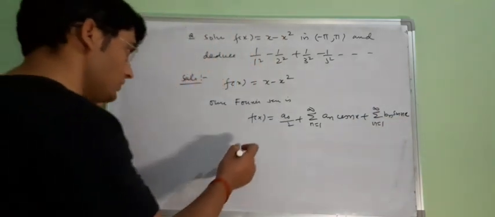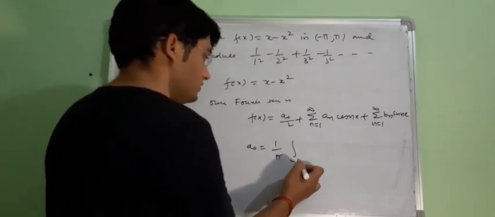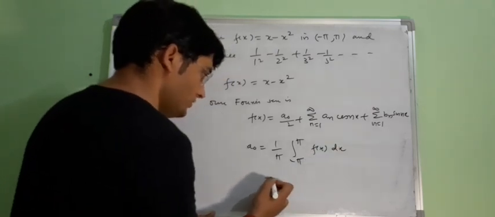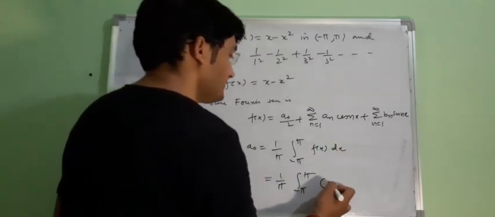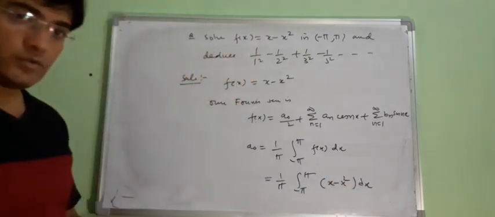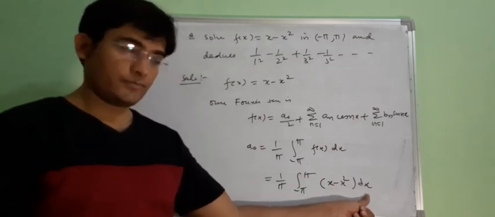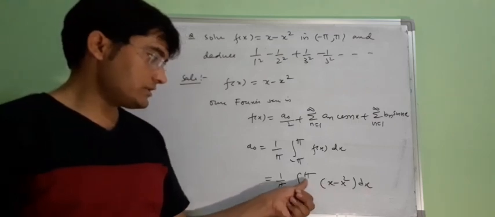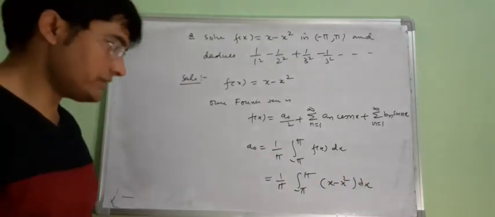Where my a0 will be 1 upon pi, integral minus pi to pi f(x) dx. So this will be 1 upon pi, integral minus pi to pi of x minus x squared dx. Here you can see that x is an odd function, so the integral from minus pi to pi of x dx will be 0, using the property of the definite integral.